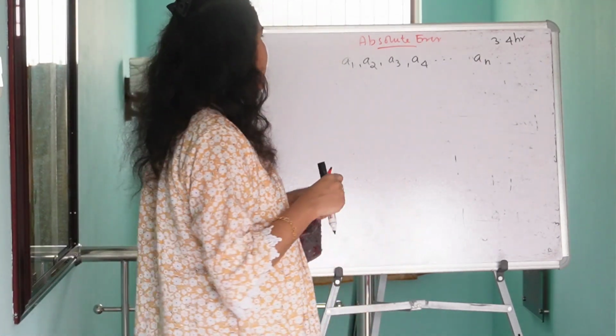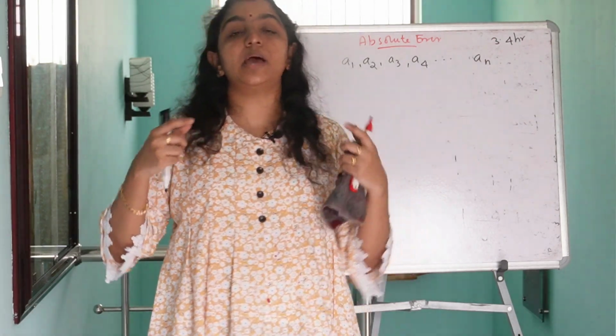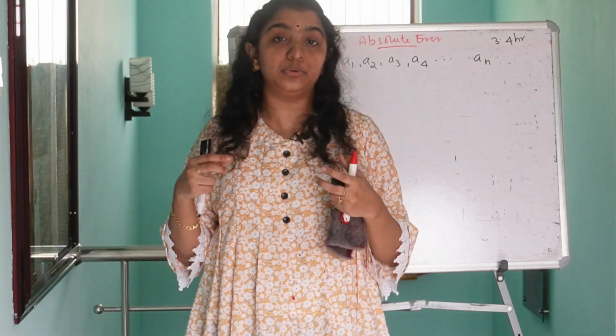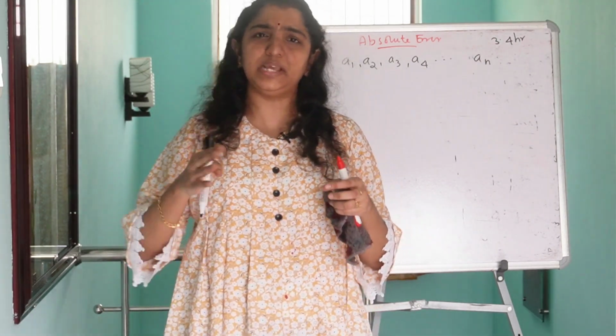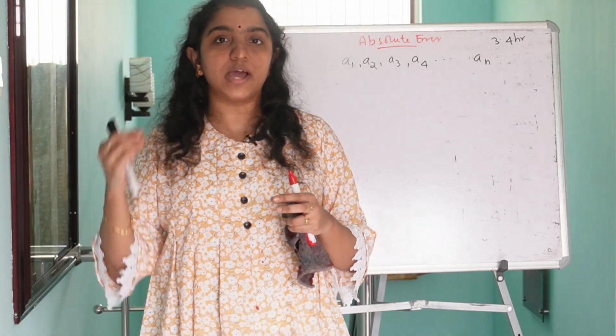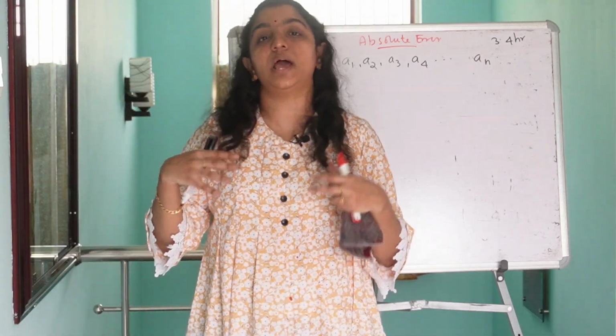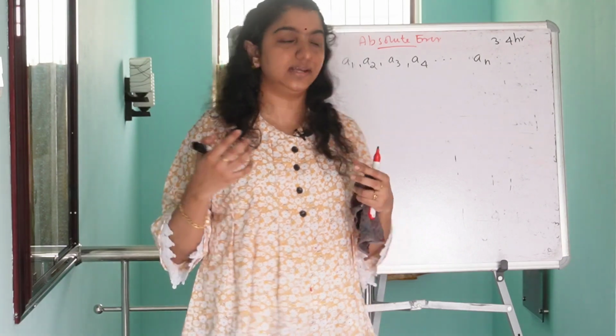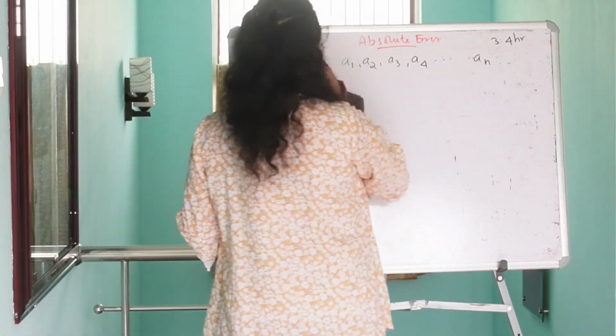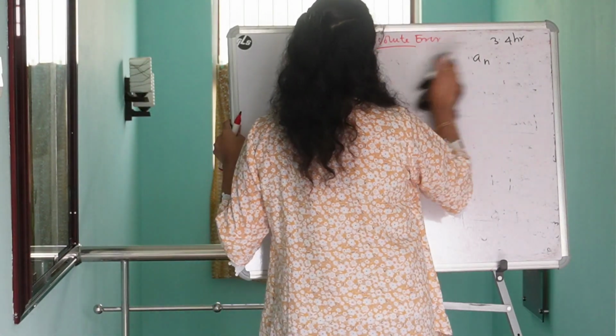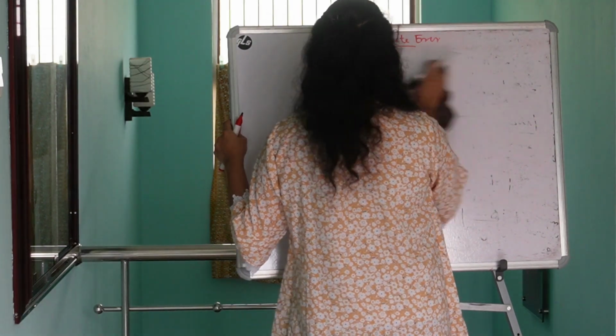Is it clear? Yes. Then we discussed the mean absolute error. Mean absolute error is simply the average or mean value of all the individual absolute errors. Is it clear? Yes. Let's discuss a problem or example, and then let's move on to the next topic, relative error.